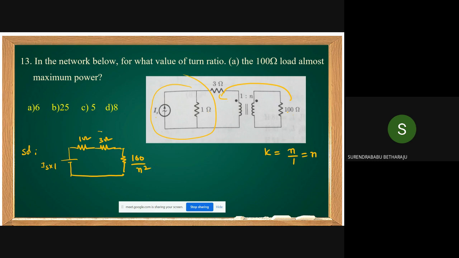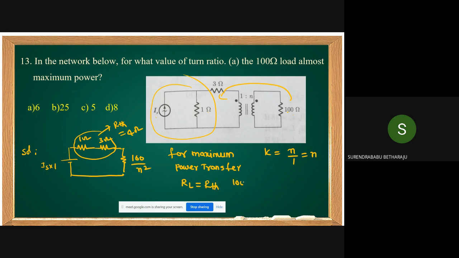Then what is RTH? RTH equals 4 ohms. For maximum power transfer, the condition is RL equals RTH.